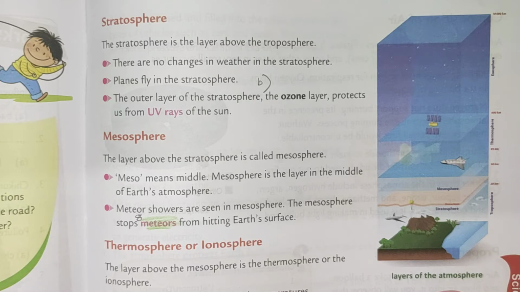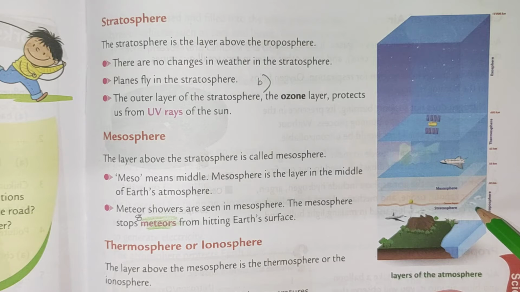The next upper layer is the stratosphere. It is the layer in which the aeroplanes and helicopters fly. In this layer, the weather never changes. The weather remains constant all throughout the year in this layer of the atmosphere.